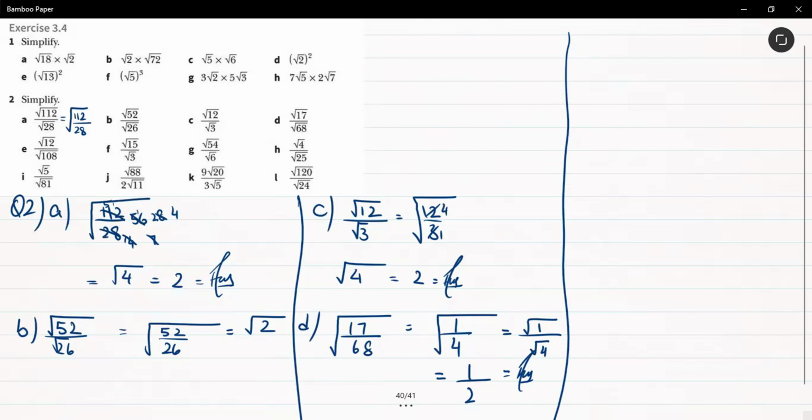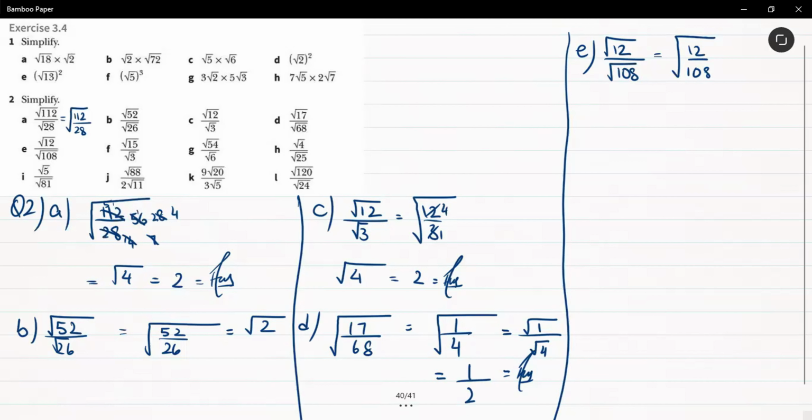For part E, we have under root 12 divided by under root 108. Okay, so that would be essentially equal to under root of 12 divided by 108. What's 12 divided by 108 equal to? Let's put this into my calculator.